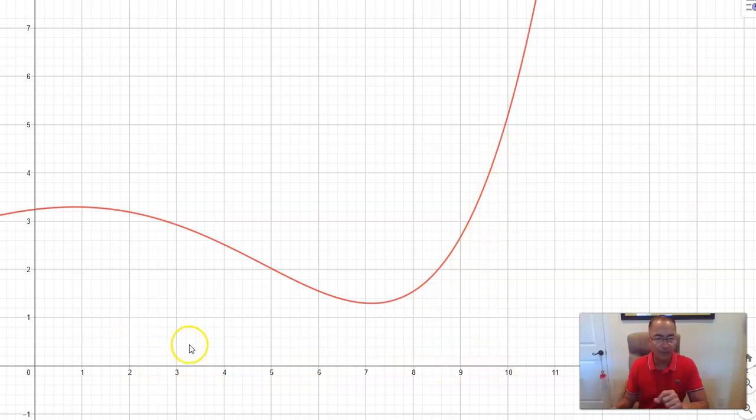So to keep it simple, we will divide into 1, 2, 3, 4, 5, 6, 7, 8 sub-intervals, and we said that we are going to find the value of the function at each of the endpoints, okay? So I have that over there, okay?